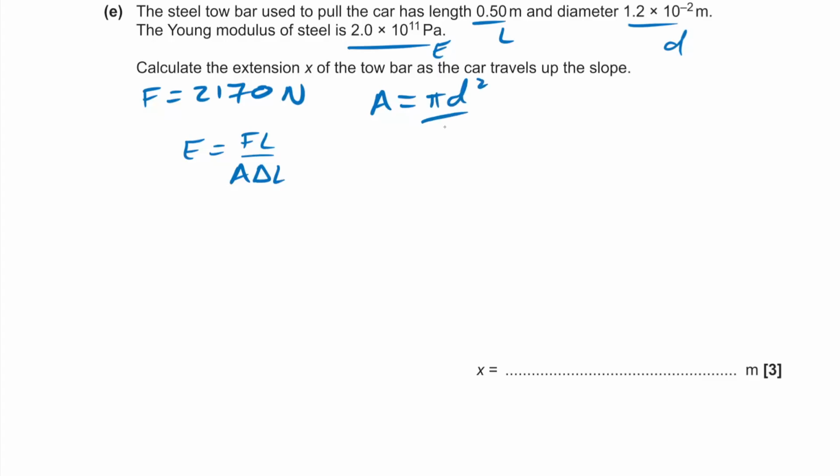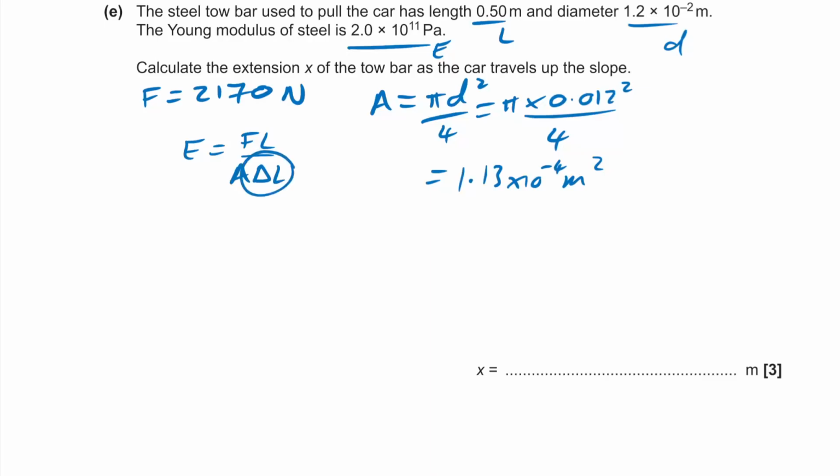Pi r squared, or pi d squared over 4. So it's equal to pi times 0.012 squared divided by 4. So that gives us an area of 1.13 times 10 to the minus 4 meters squared. Fine, and then we need to pop that in, but we are looking for delta L, so let's swap around delta L and E. Let's write it out in full, just so there's no ambiguity.